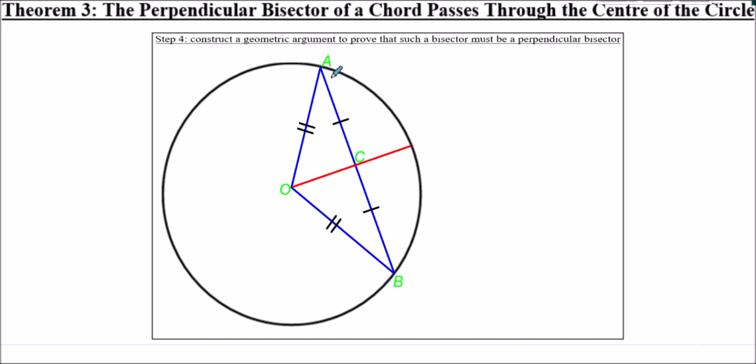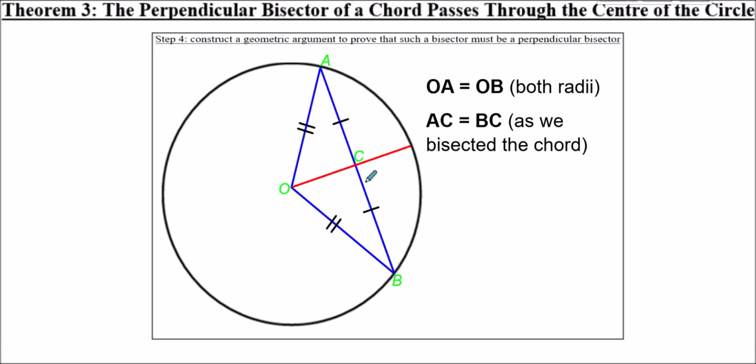Let's just label these points. So we've got two triangles here, OAC and OBC. We can see that OA must equal OB because both of those are radii. So that's obviously true. As well, AC is the same as BC because we bisected the chord in the first place. We split it in half in equal bits.